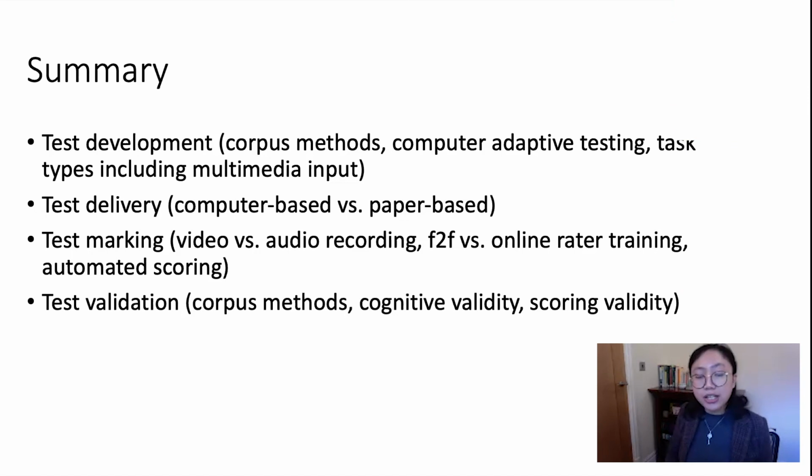In test marking, we looked at video versus audio recording ratings, face-to-face versus online rater training, and a bit about automated scoring systems. And in the final part, test validation, we looked at the use of corpus methods or corpus linguistics, and also different types of technology to investigate different areas of validity.